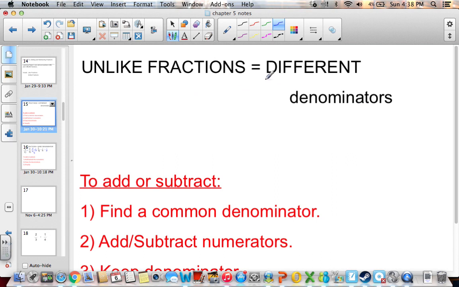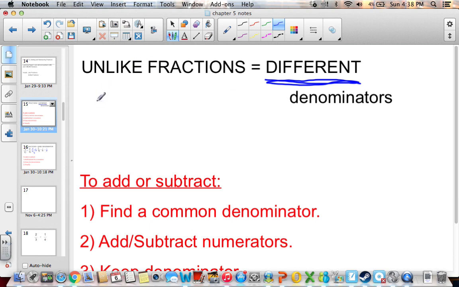Unlike fractions have different denominators. So you wanted to make sure that you wrote down what like fractions are and unlike fractions. And you probably want to have an example of like fractions and then an example of unlike fractions.